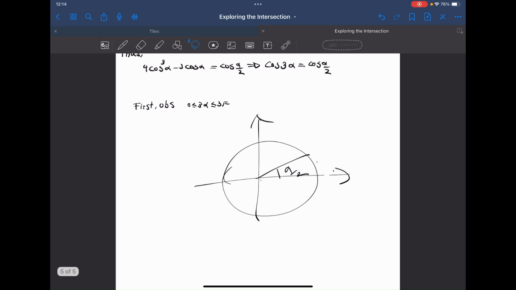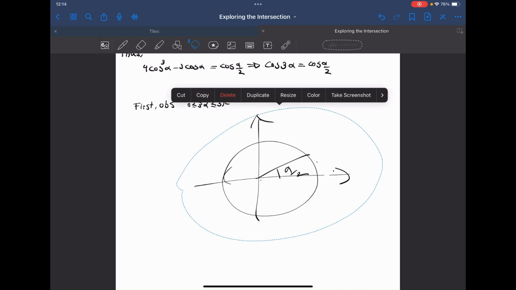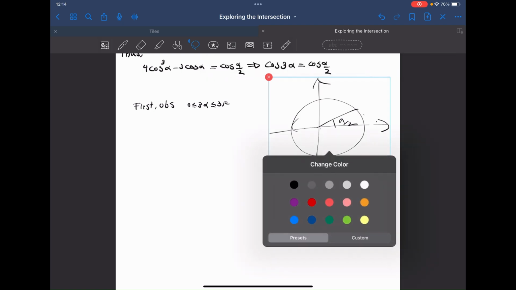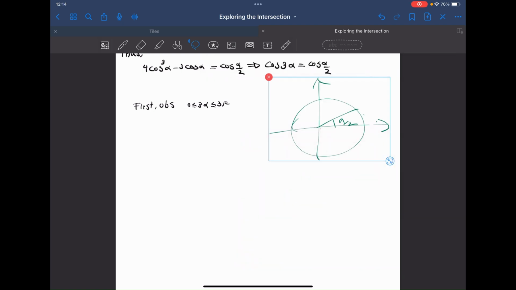Okay, so that's how we actually solve this equation here. So let me recolor this. Okay, and based on this observation, we have two cases. One of them is that 3 alpha is here, and one of them is that 3 alpha is right here. If 3 alpha is here, then I need to go another alpha to make it like alpha divided by 2 plus 2 pi.